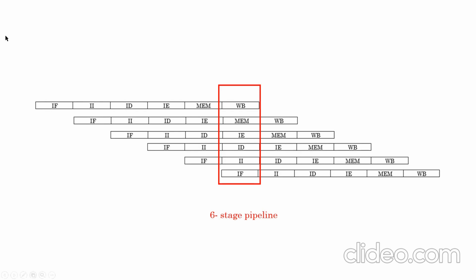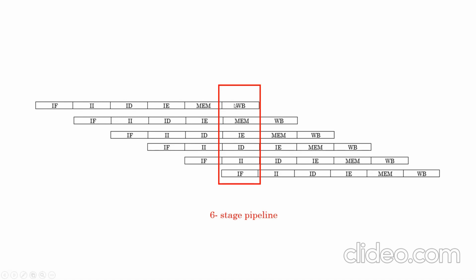When the first instruction moves from the fetch stage to the issue stage, the second instruction is fetched. When the second instruction moves into the issue stage, the third is fetched. Third moves into issue, the fourth is fetched. Fourth moves into issue, the fifth is fetched. Fifth moves into issue, the sixth is fetched.